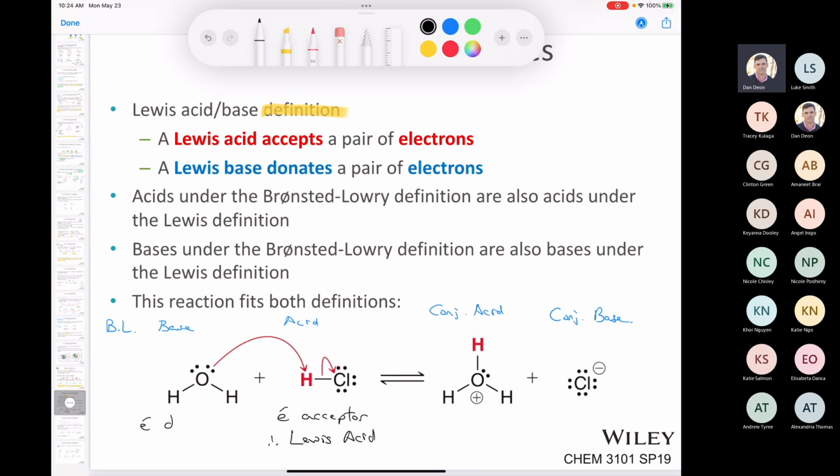This is our electron donor, and therefore it is a Lewis base. We can draw the same curved arrows that we drew for Bronsted acid-base reactions, of course, in this case, because the acid and base are still Bronsted acids and bases.